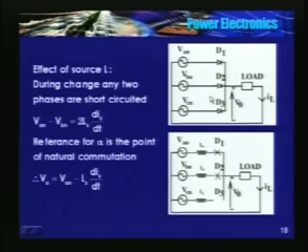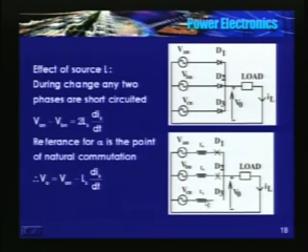Assume, case 1, I am just assuming an uncontrolled rectification. D1 was conducting, D2 starts conducting at the point of natural commutation. When VBN becomes more positive than VAN, for some time D1 and D2 both conduct.